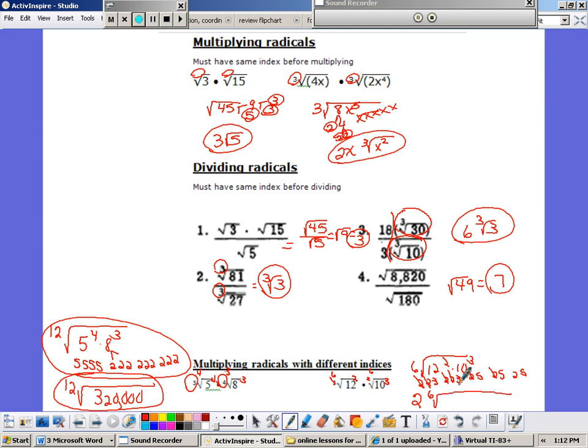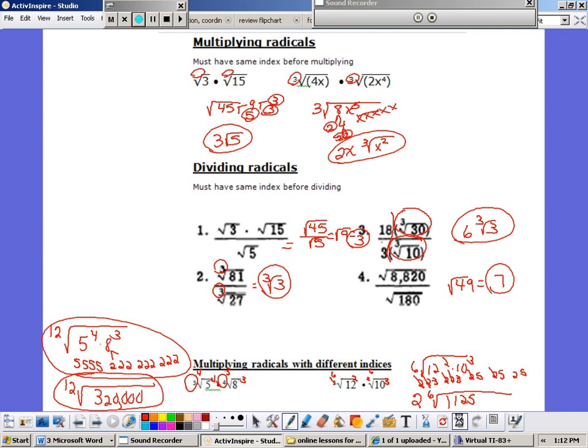Left-hand side is 3 times 3 is 9, times 5 is 45, times 5 times 5. So 45 times 5 times 5. 1,125. Let's see. 3 times, oh, I forgot that 2 is hiding in there.